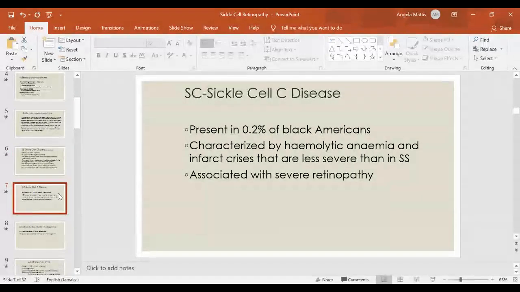Then we look at our SC disease. It is present, of course, less frequently, in about 0.2% of Black Americans, and it is characterized by hemolytic anemia and infarct crises that are much less severe than in SS sickle cell disease. But it is associated with severe retinopathy.